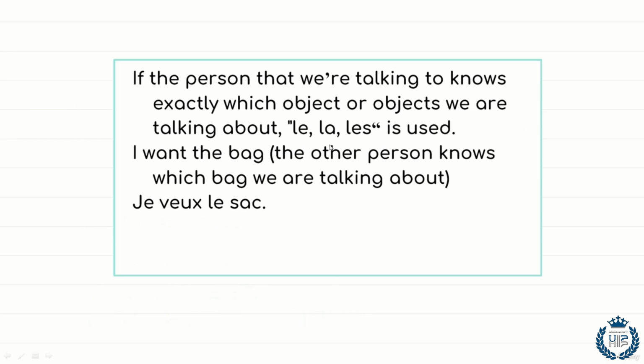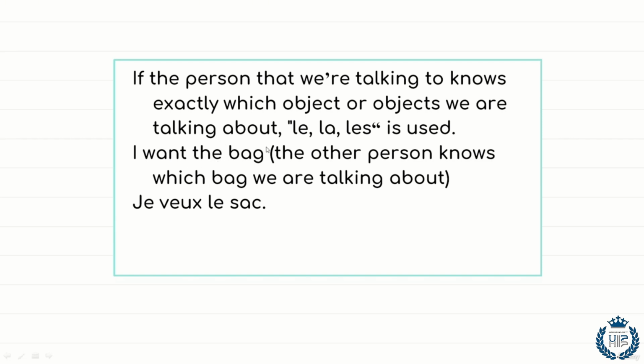If the person we're talking to knows exactly which object or objects we're talking about, le, la, les is used. So, I want the bag. When I say I want the bag, the other person knows which bag we're talking about. Je veux le sac. So we can just say that this article le, la, les is actually really similar to the in English.